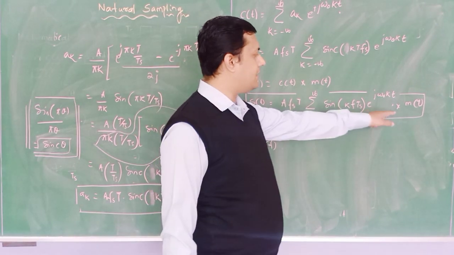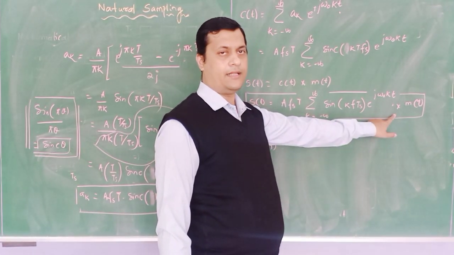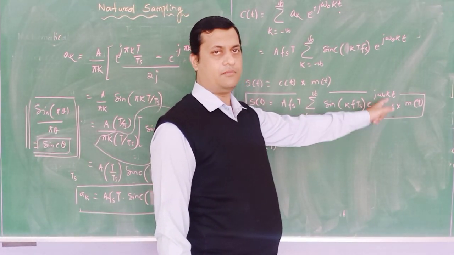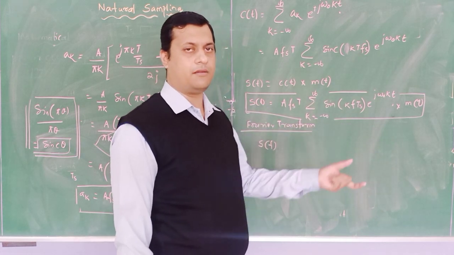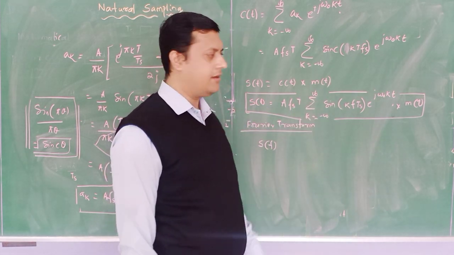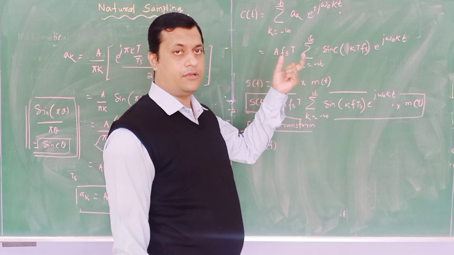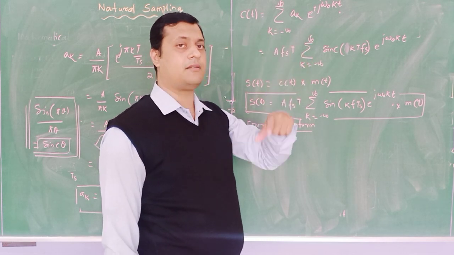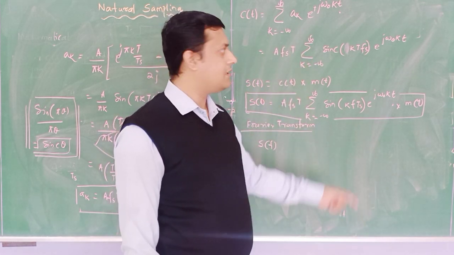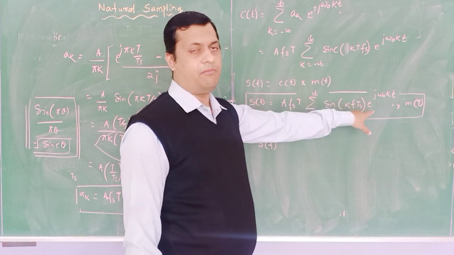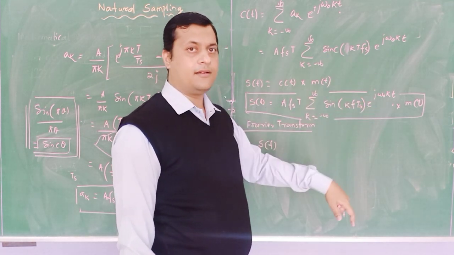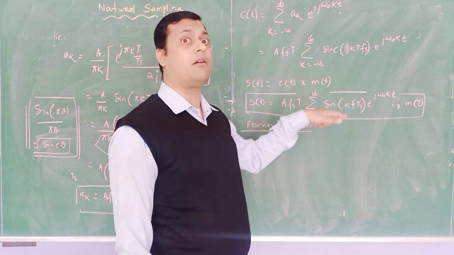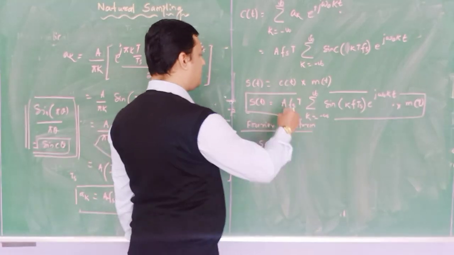This is a multiplication property. If you take this multiplication property in terms of Fourier transform, it will become convolution. Or if you take the Fourier transform of a convolution, it will become multiplication of the individual transforms. But here it is multiplied, so the resultant of the Fourier transform will be the convolution. So what are the constants?